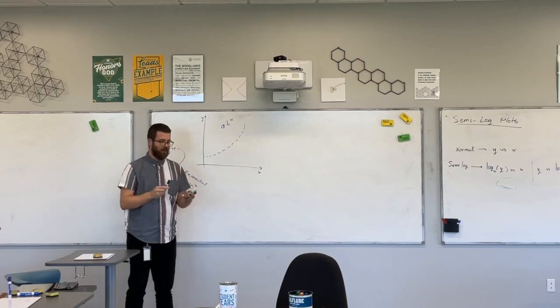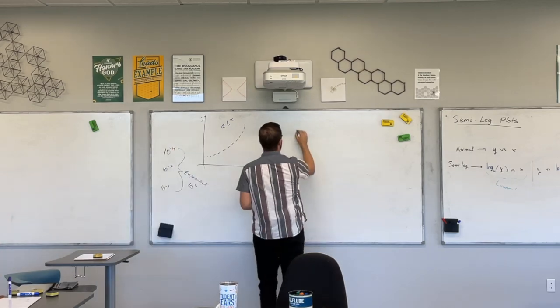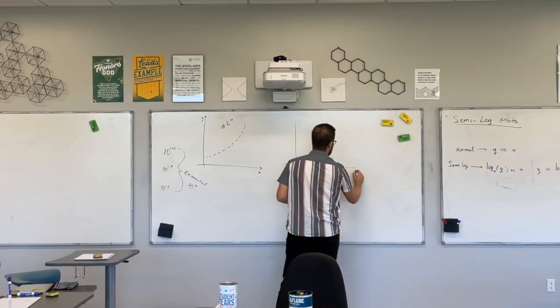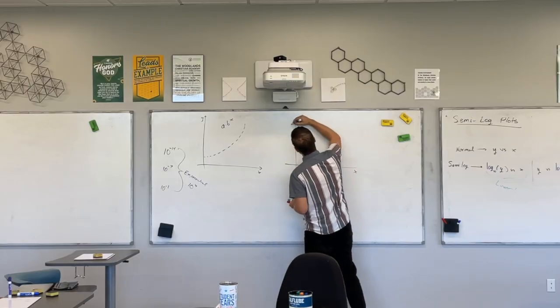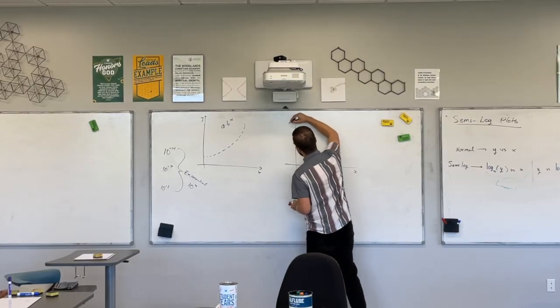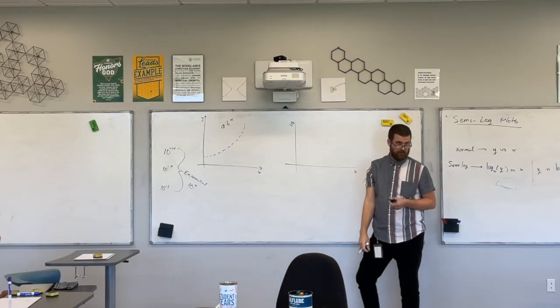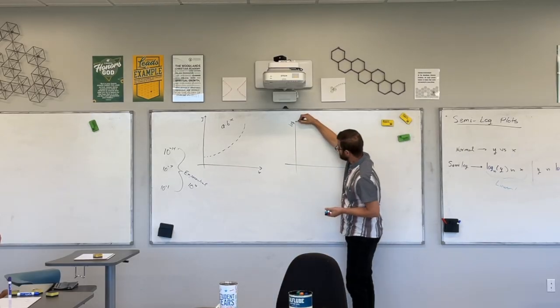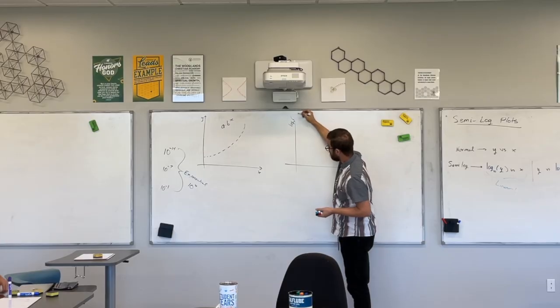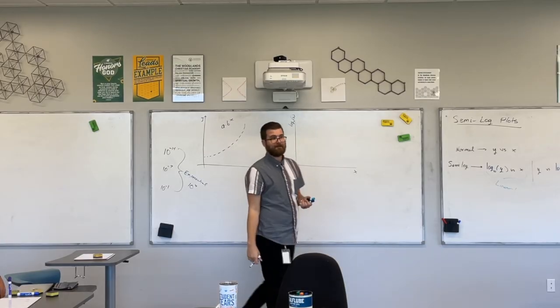A semi-log plot would be, if this is x here, now I'm going to plot the log of my y values. Does that make sense? I'm going to specifically choose log base 10. So just log of y, that's what gets plotted here.